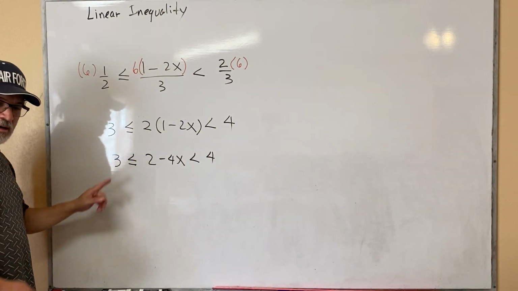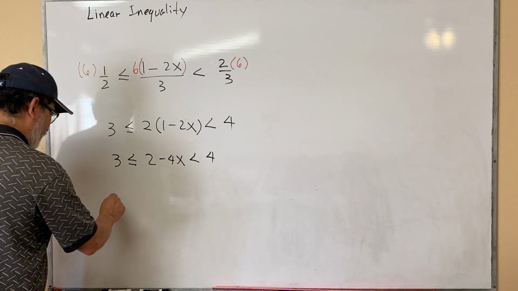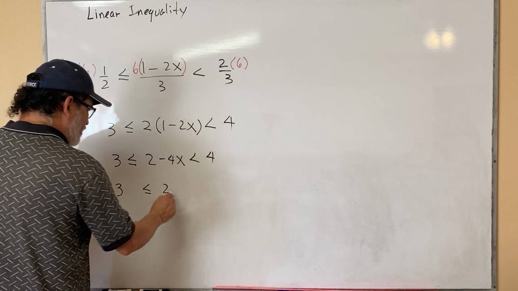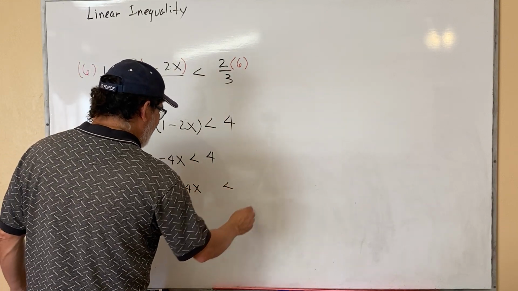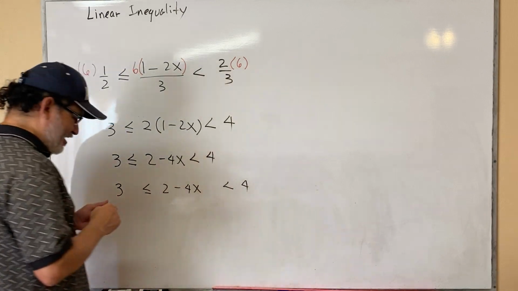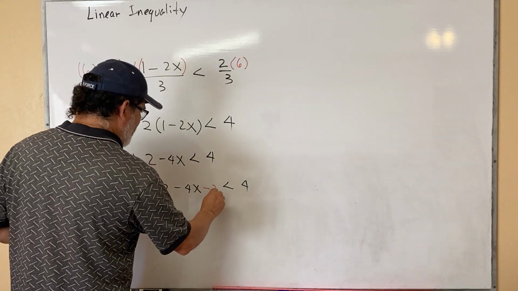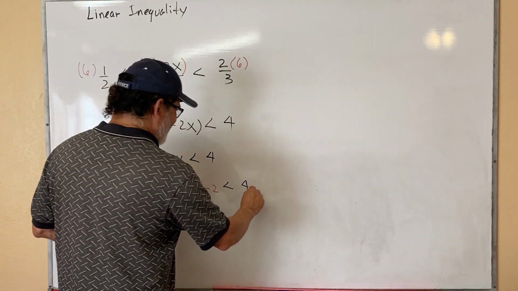So watch this, what I'm going to do. 3 less than or equal to 2 minus 4x less than 4. And now I'm going to subtract 2 from the middle, 2 from the left, and 2 from the right.